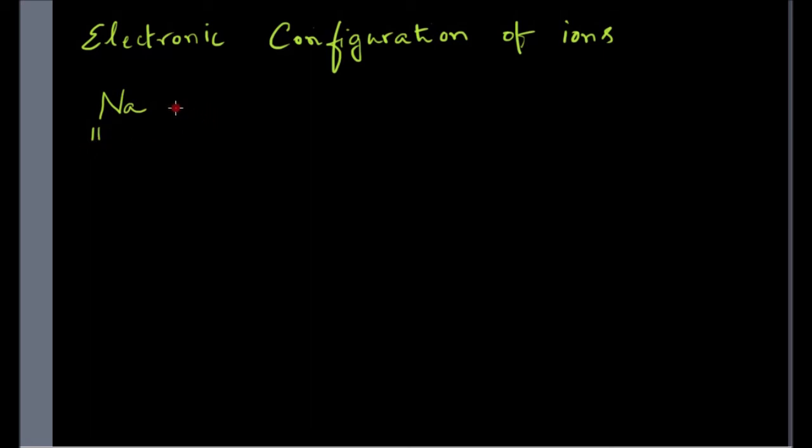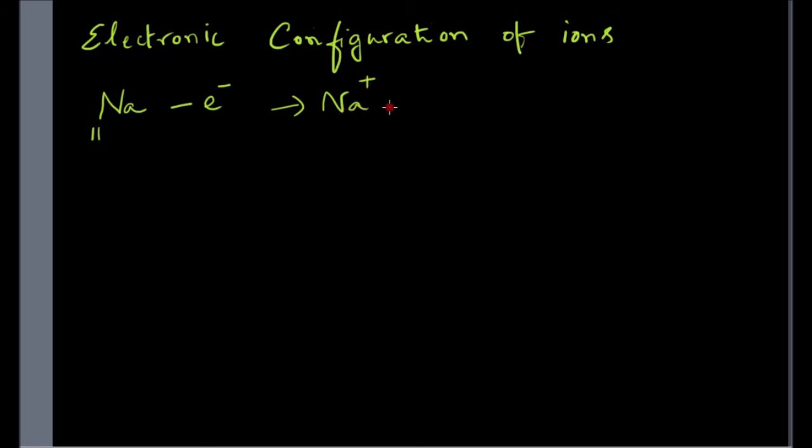When it loses an electron, I will show it as minus e minus. Electron is represented as e minus. When you remove an electron, the sodium atom becomes Na plus. This is called sodium ion because sodium has 11 protons and 11 electrons and 1 electron is lost. So 1 positive charge is in excess, that is what is shown here, Na plus.